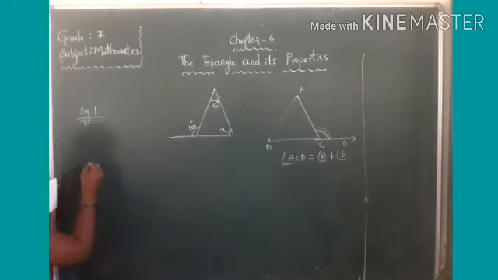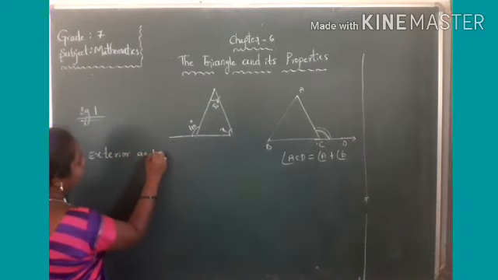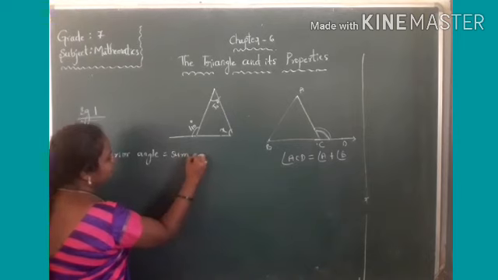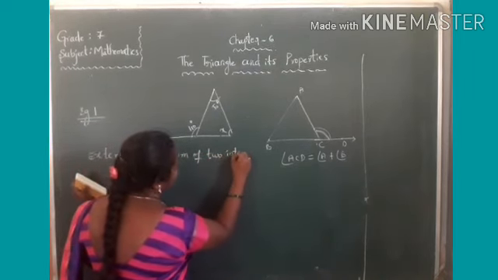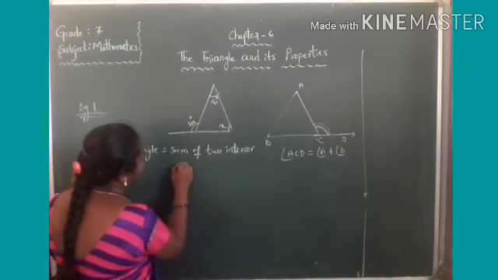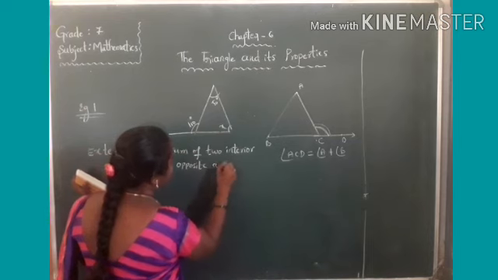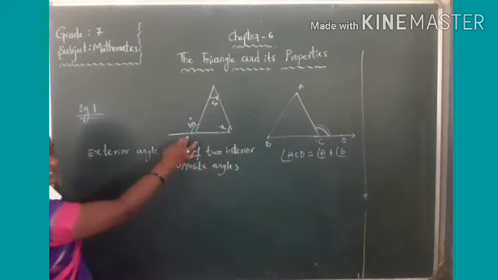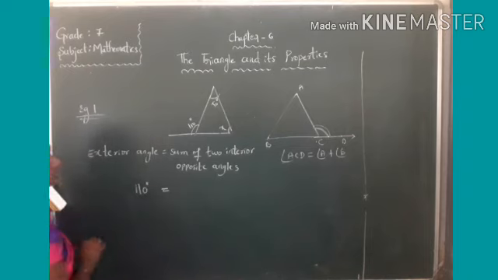We know the property: exterior angle is equal to the sum of two interior opposite angles. The exterior angle is 110 degrees.